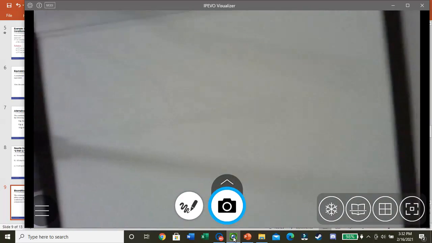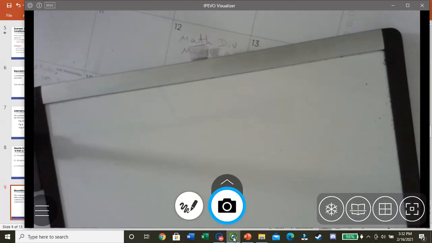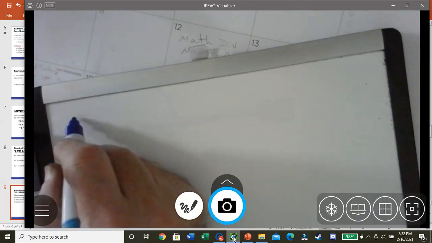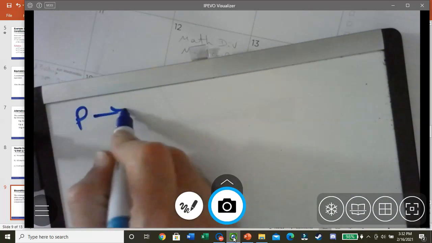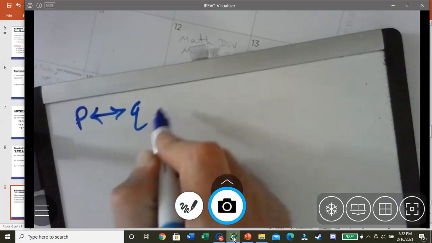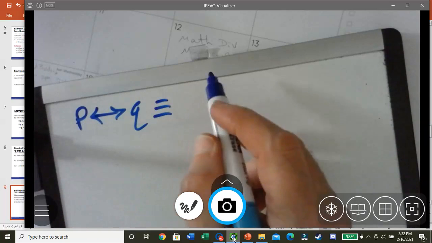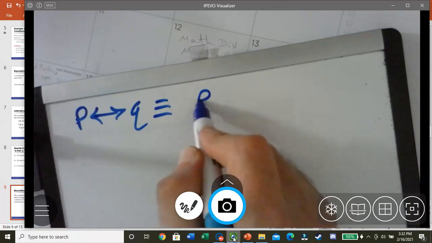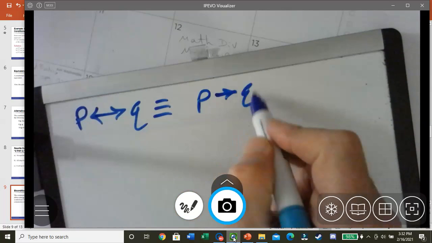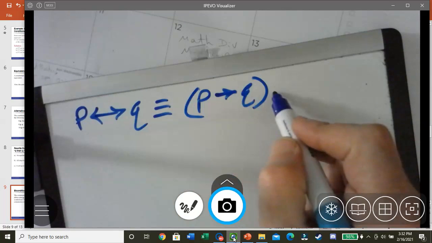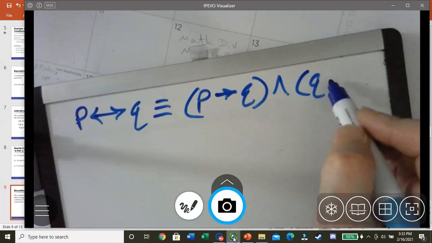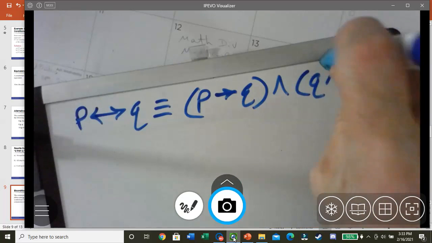We'll start with that. So if P then Q is equivalent to if Q then P.